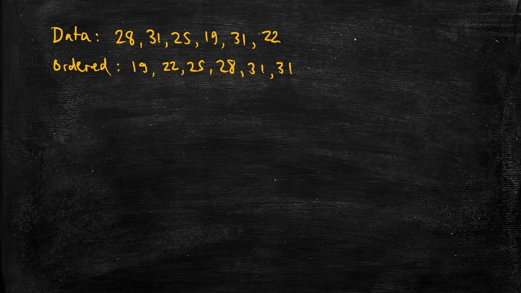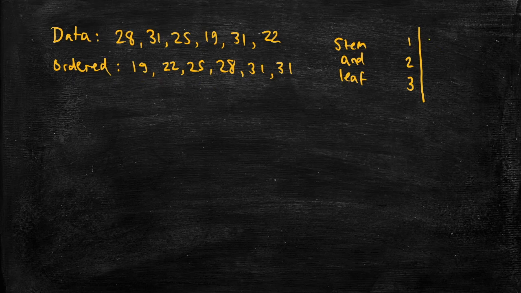Another way is to create something called a stem and leaf plot. So the stem in this case will be the tens digit, and we have tens digits of 1, 2, and 3, and then the leaf part is the ones digit.